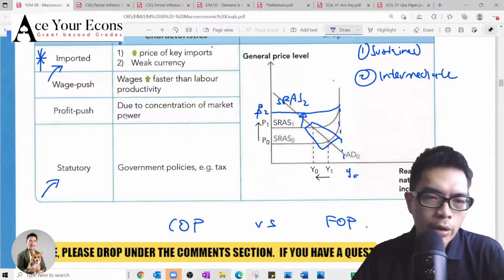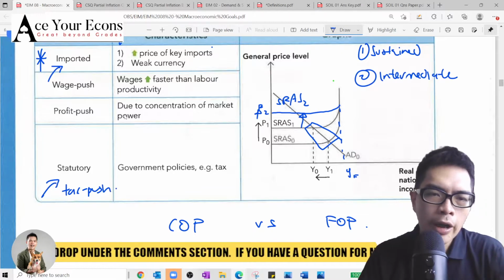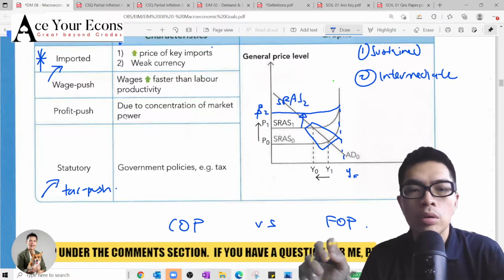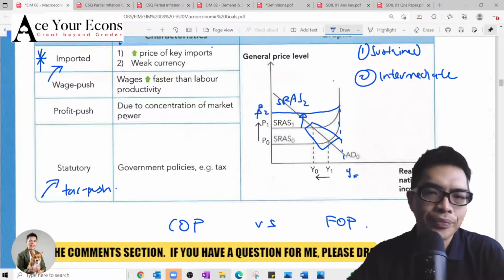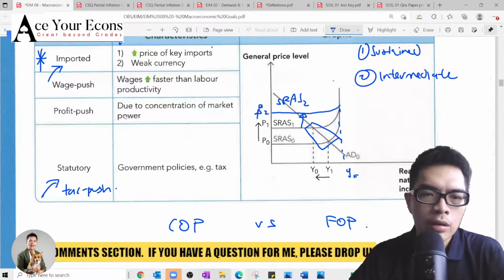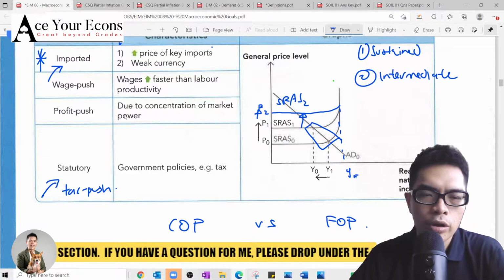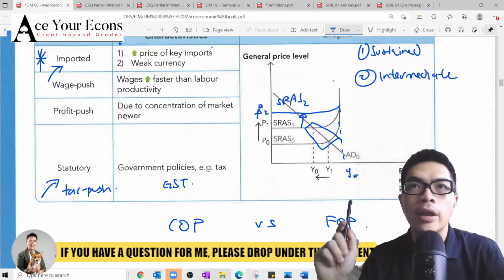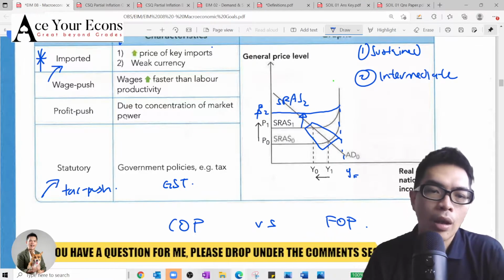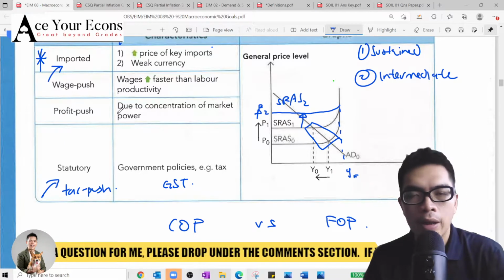So statutory, or some of the schools use tax push inflation, refers to what? An indirect tax, GST. So make sure you can relate tax push inflation to GST. This is also related to our earlier quiz. This is a tax that is going to be borne by the producer.